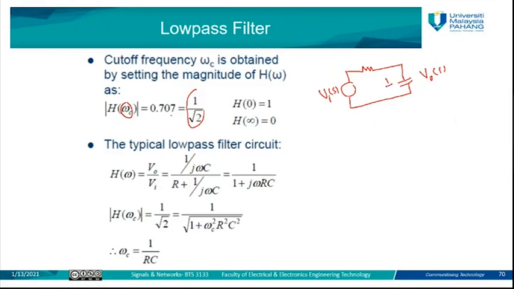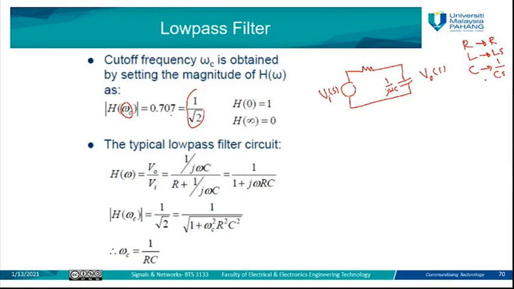over j omega C. We said R in the time domain gives you R in the frequency domain, L in the time domain gives you L S in the frequency domain, and C in the time domain gives you 1 over C S in the frequency domain.